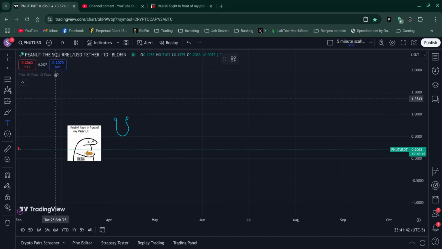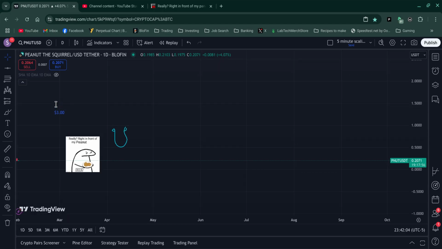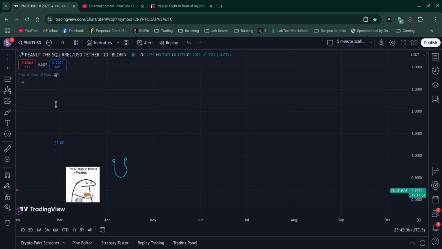So let's say Jerry has $3, or 3 USDT, but we can just say $3 to make it a little bit more simple. And he would like to trade peanuts.